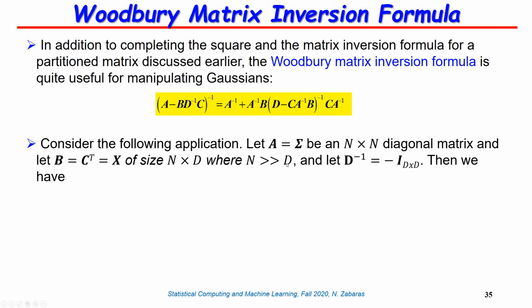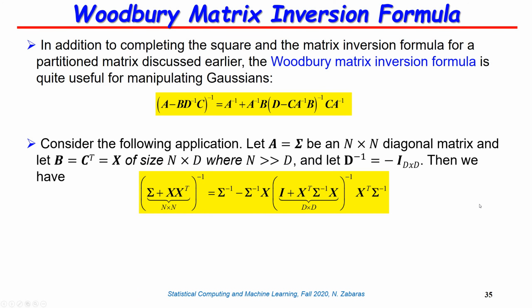And D inverse, I'm going to take it to be minus the identity matrix of size d by d. So again, sigma is n by n, n is way bigger than d, B and C I take to be n by d, and D inverse to be minus the identity.